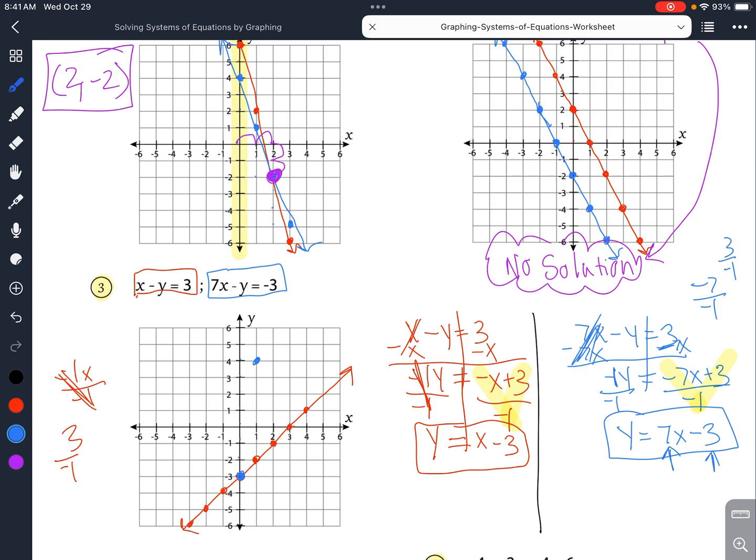That's a very steep slope, so it might be hard to graph, but we can see where those lines intersect, right here. Be careful how you write this point. This can be confusing when they're on an x-axis or a y-axis. Remember, we always put our x value first. So my x value here is actually 0. So my answer is going to be 0, -3.